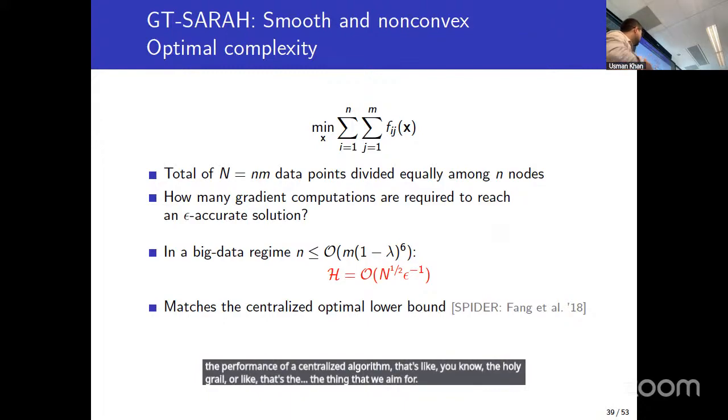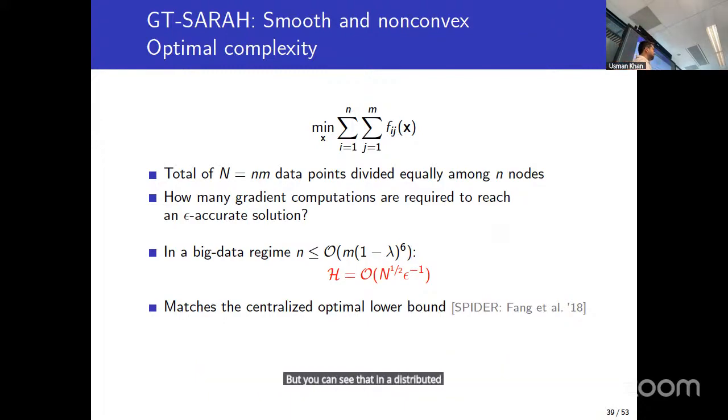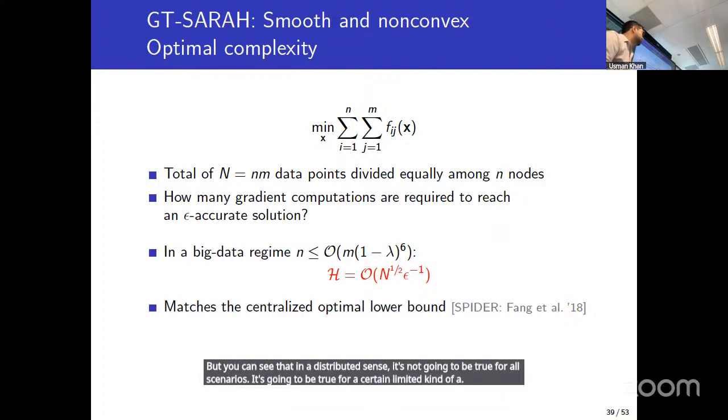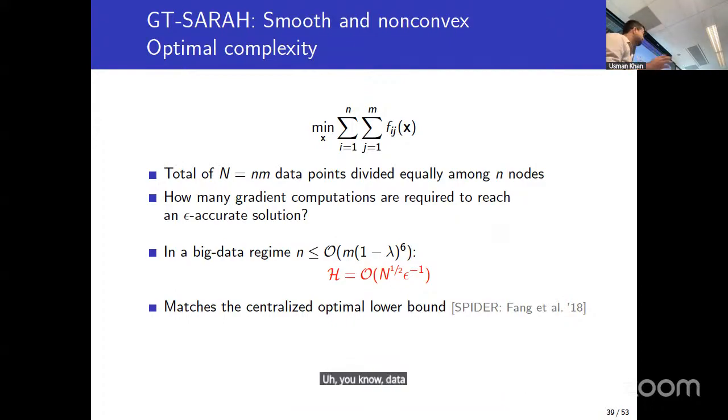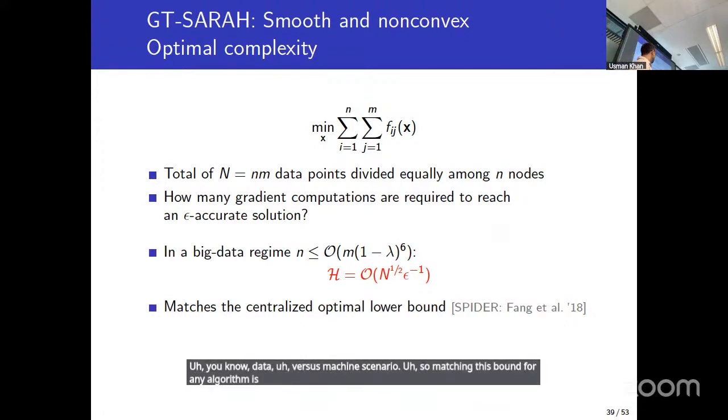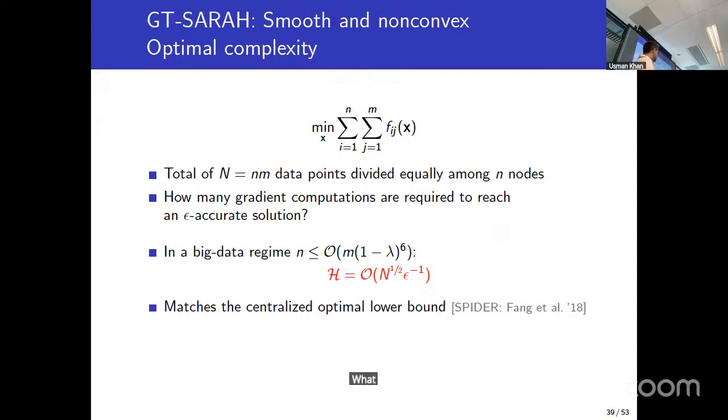But you can see that in a distributed sense, it's not going to be true for all scenarios. It's going to be true for a certain limited data versus machine scenario. So matching this bound for any algorithm is critical, but under what conditions you match this bound is where one can improve.